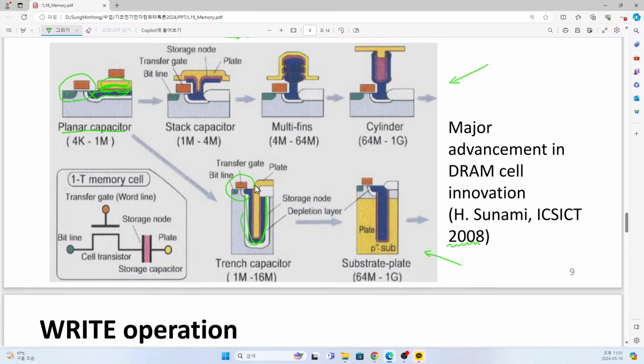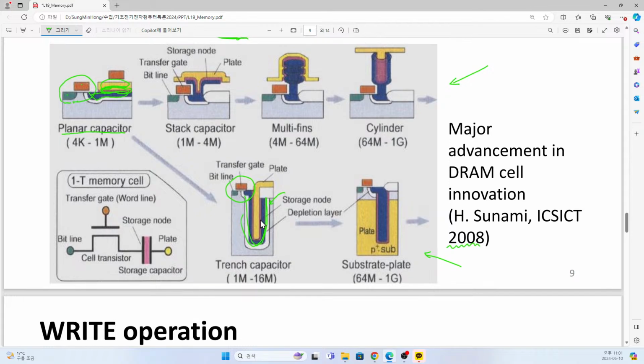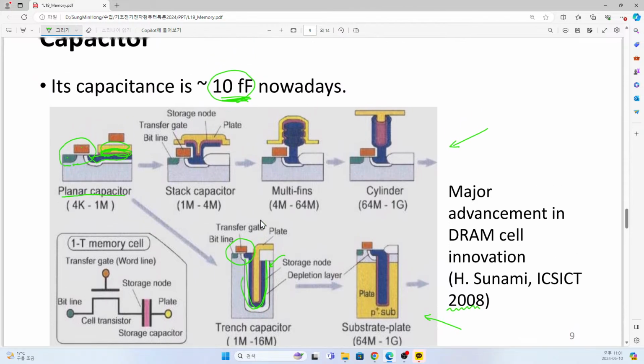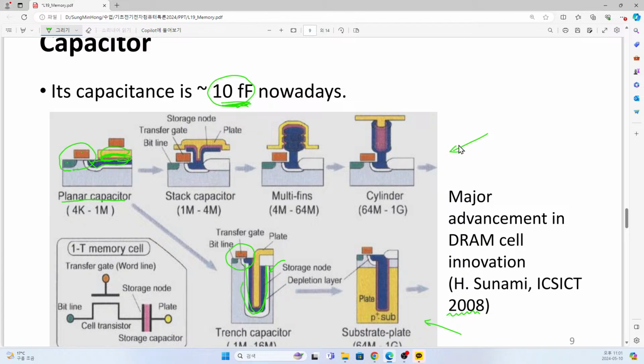After that, transistors are made. However, in this case, it is very difficult to align our capacitors and transistors precisely. Also, if something is wrong in this capacitor, then it is very difficult to detect that problem. So it was not very successful, and these days every DRAM company is fabricating their DRAM following this kind of line.